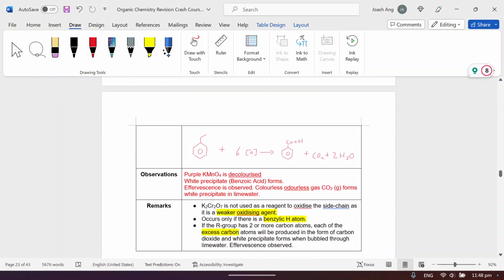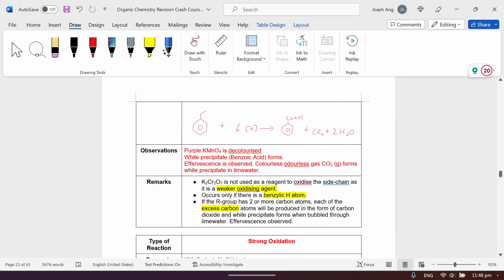Alright, coming back to the observations that I showed, a common observation that is always missed out is that benzoic acid is actually a white precipitate. It is due to the bulky alkyl group that causes benzoic acid to be insoluble in water.